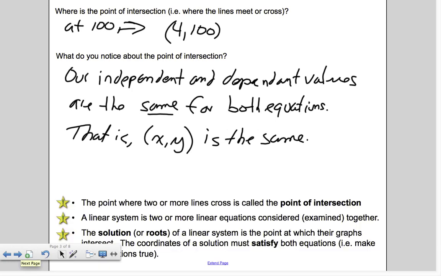The first key concept we need to understand in this lesson: the point where 2 or more lines cross is called the point of intersection.